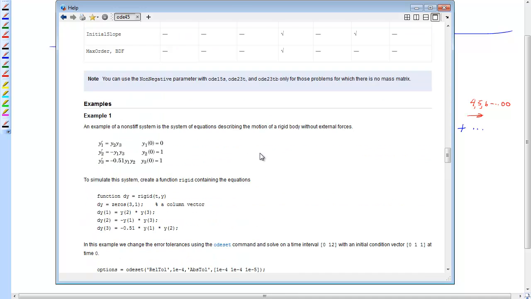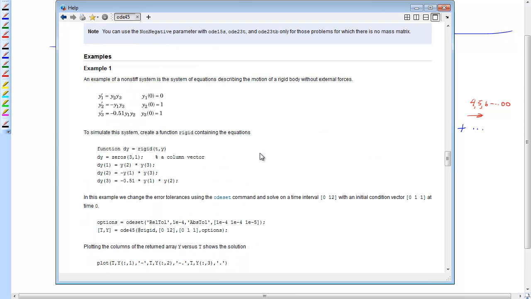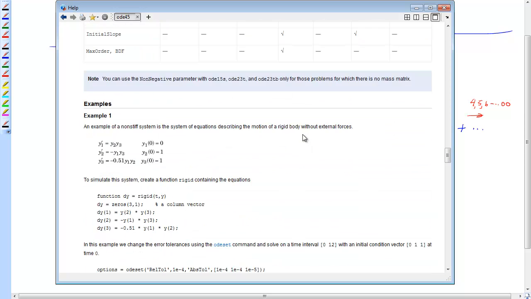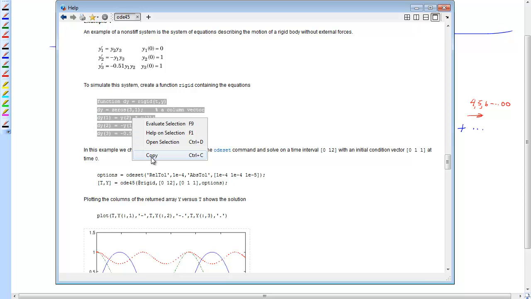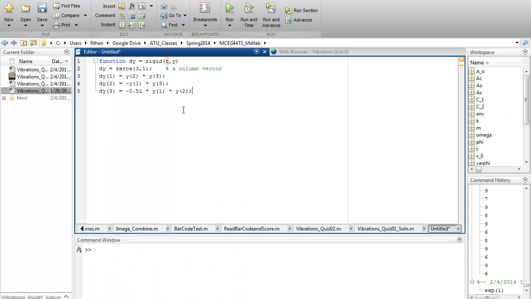I'm looking for a first order, which I'm not seeing right off, but I am seeing it right here. Now it's a system, though. Well, in any case, here's our function. We're going to go ahead and copy this, and we pasted it right here.